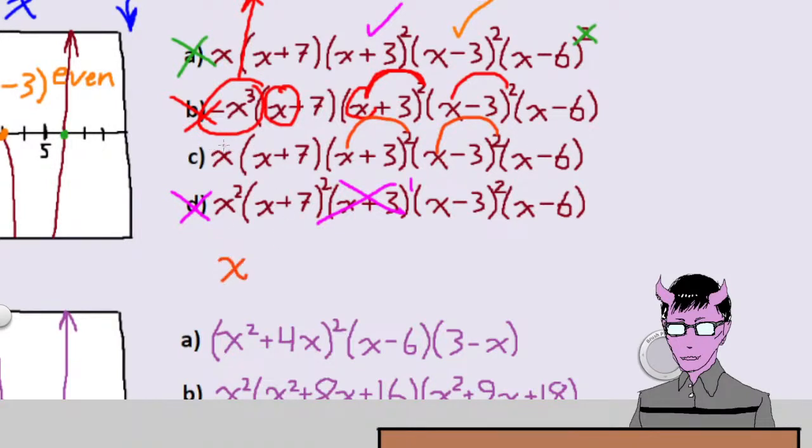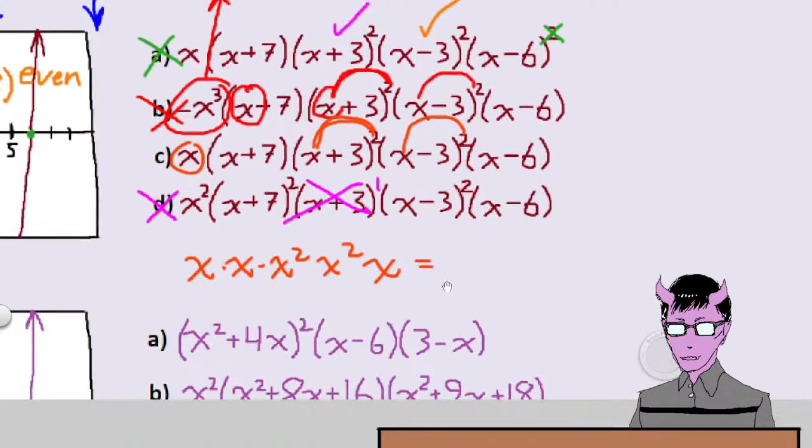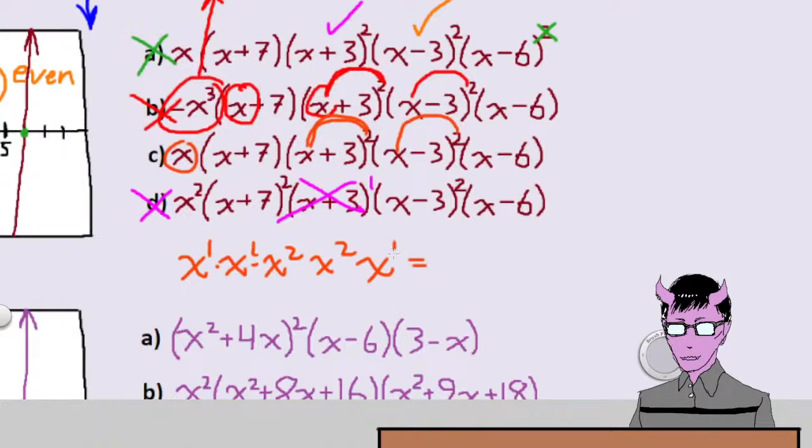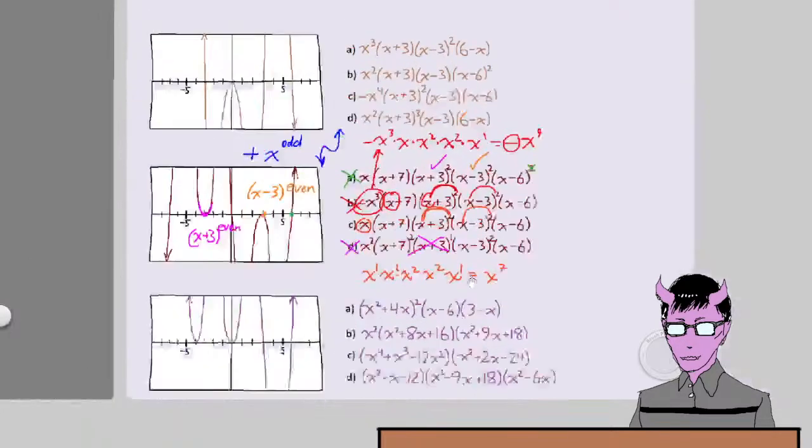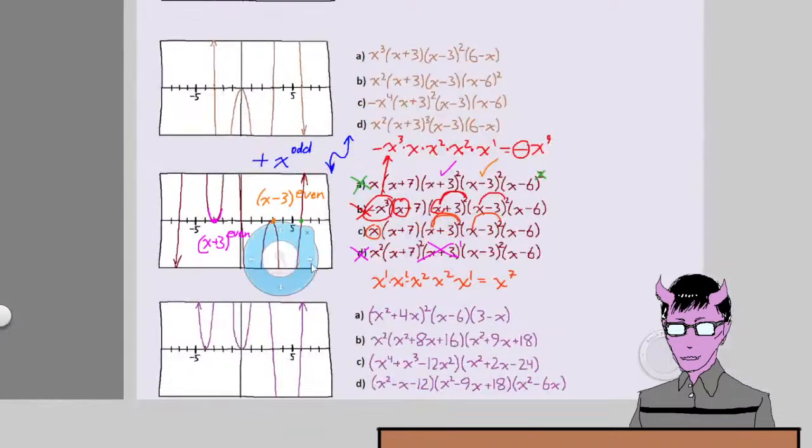So exponent 1, exponent 1, exponent 2, exponent 2, exponent 1. So doing the full evaluation, 1 plus 1 plus 1 is 3, 3 plus 4 is 7. So that is consistent with what we first determined. So C is consistent with this graph.